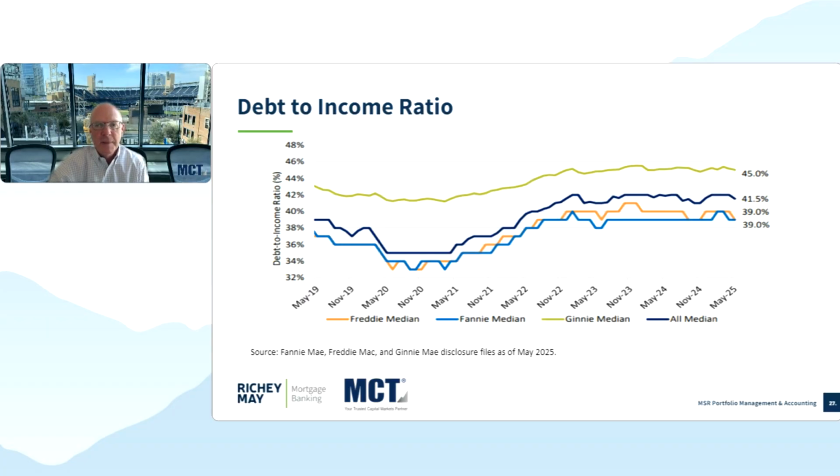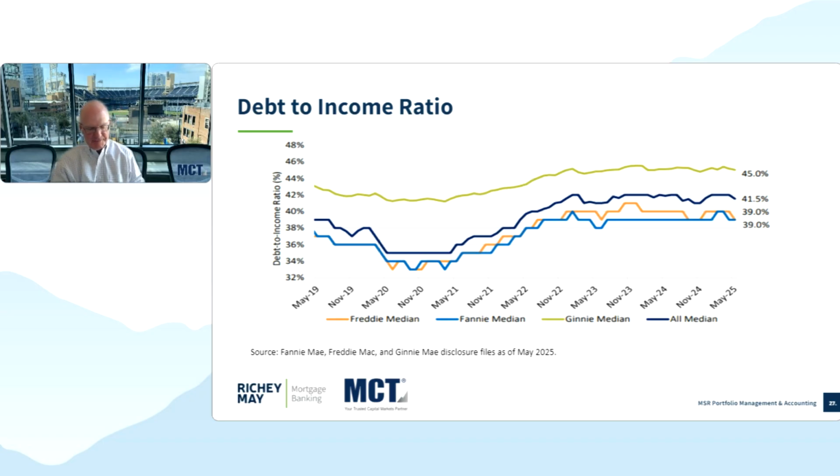Getting ahead of that is certainly important. So again, we're starting to see signs of loss mitigation activity increasing, and now's the time to make certain that you're prepared for that. So again, word of caution, something for all of us to keep an eye on.